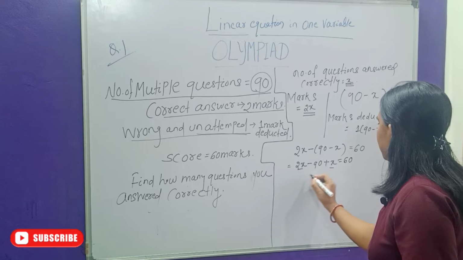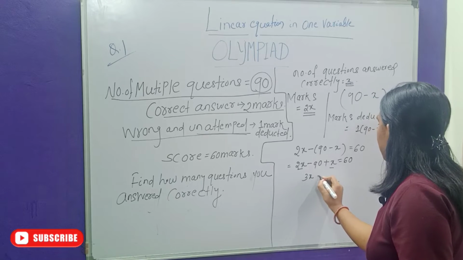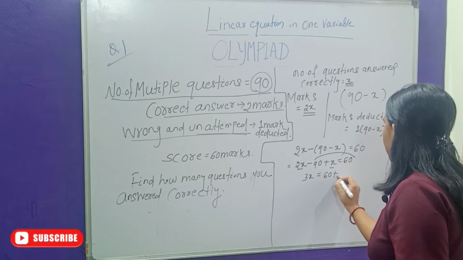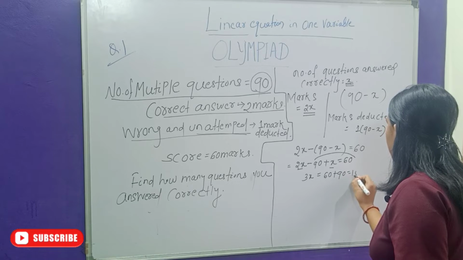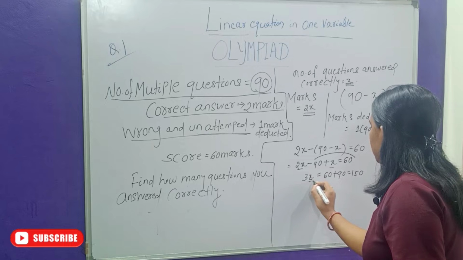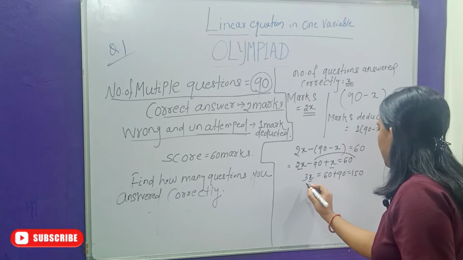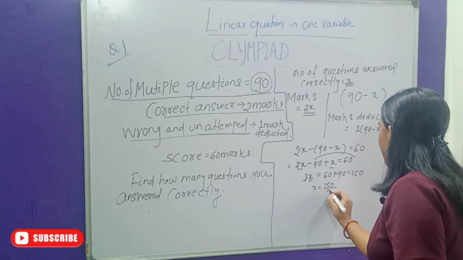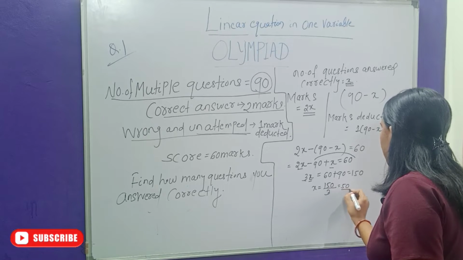So the equation is 2x minus (90 minus x) equal to 60, which is 2x minus 90 plus x equal to 60. Now 2x plus x is 3x, and taking the 90 to the other side, 60 plus 90 is 150. What is the value of x? 3 is multiplied here, so on the right-hand side it will be divided: x is 50.